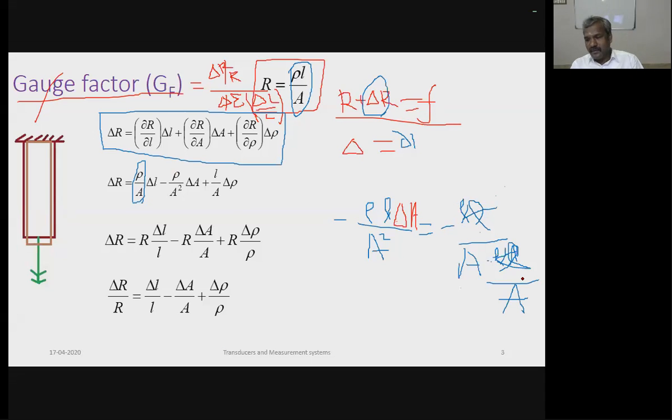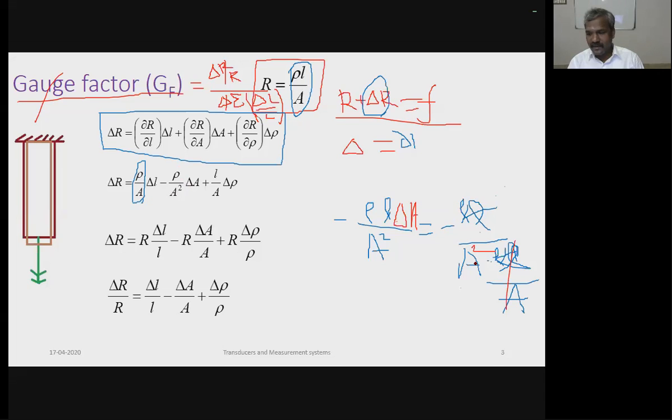So here rho L by A. So this is simply A square. For this A, you get rho L by A square. We're getting minus rho L by A square into del A.